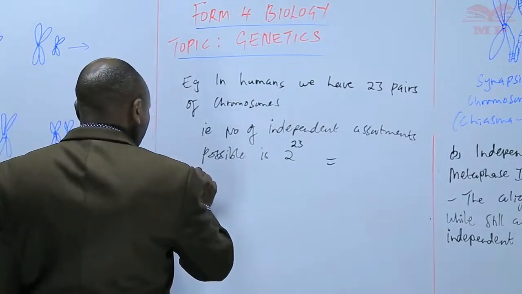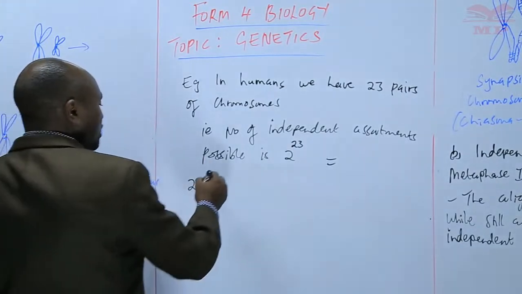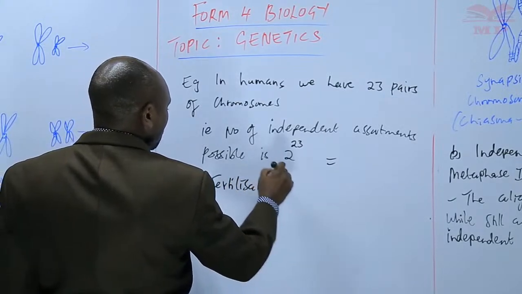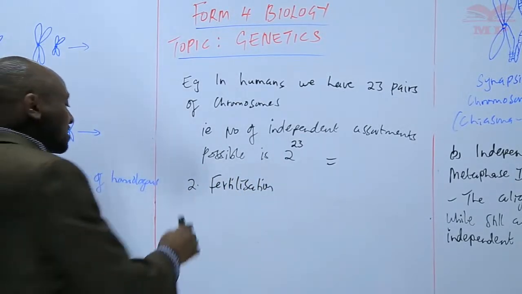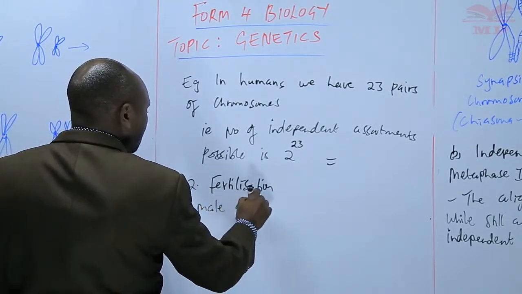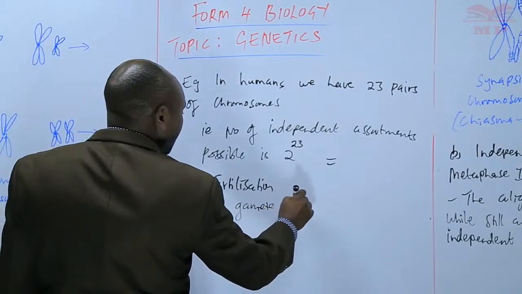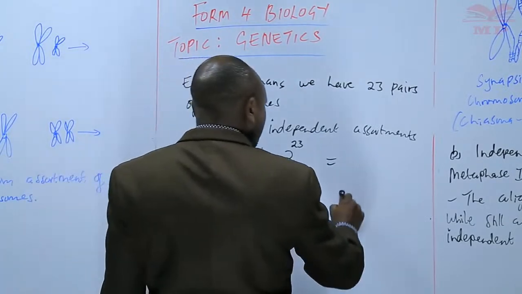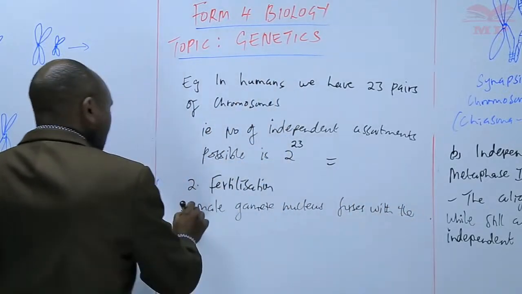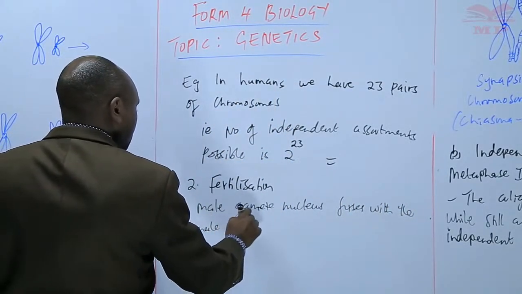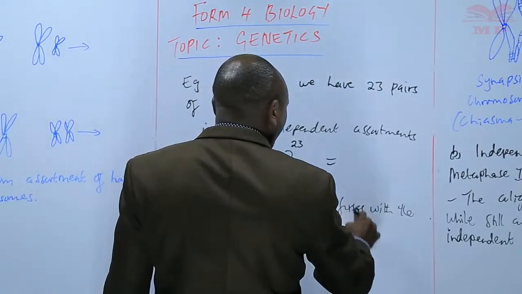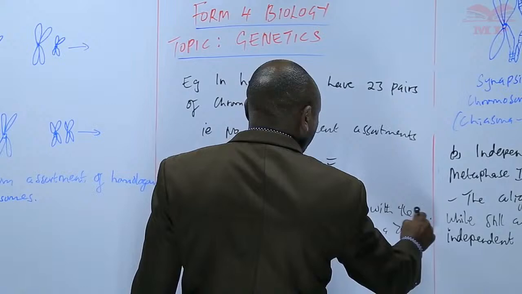Number two, variations also occur during fertilization, and this is whereby the male gamete nucleus fuses with the female gamete nucleus to form a zygote.